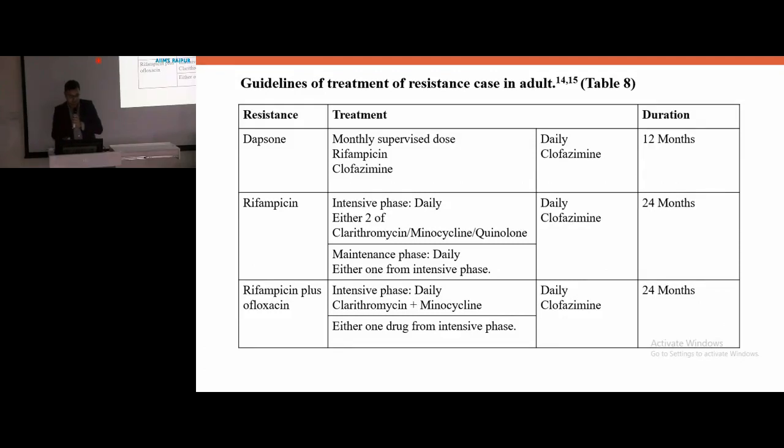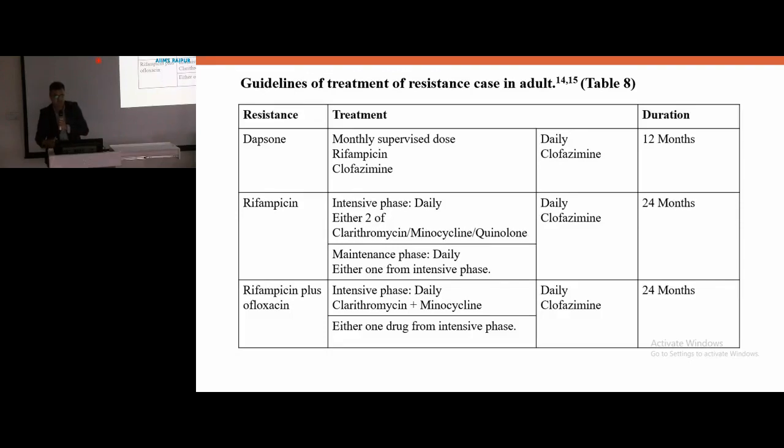If there is resistance to rifampicin, then we differentiate between an intensive phase, wherein we give daily any two of these: clarithromycin, minocycline, or quinolones, and a maintenance phase, daily either one which we had given before. So if we have given clarithromycin and minocycline before, we continue any one of them during the maintenance phase for the duration of 24 months in combination with daily clofazimine.